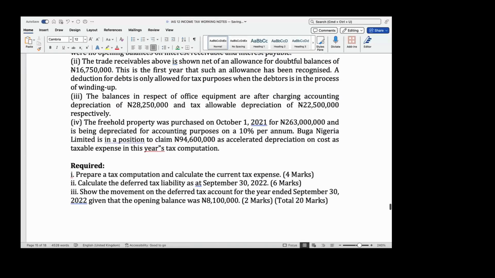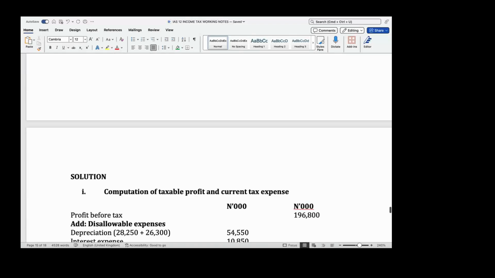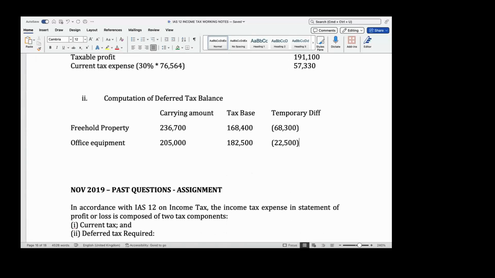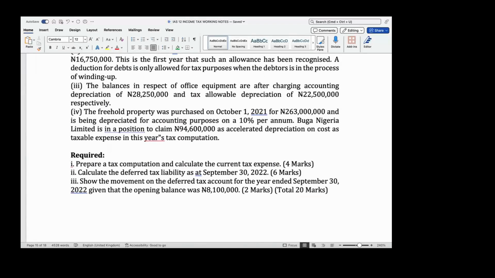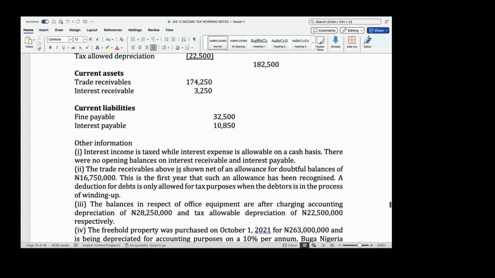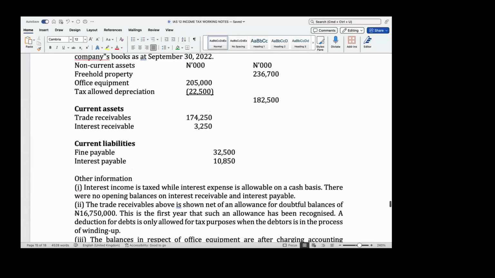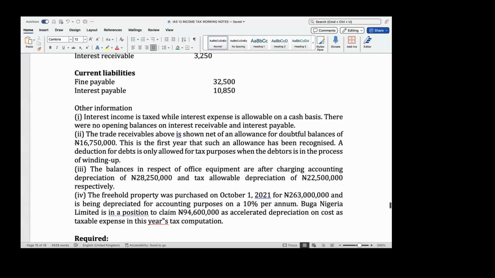Ufoma, you have a question? Yes, sir. I tried this question, but for line item two, the office equipment, since the carrying amount is given, I was thinking you add back the depreciation before you deduct the tax allowable expense. That makes sense, but it will be difficult to do in this case because you would be doing it as if you are computing taxable profits. I would advise that you don't do that because the question is not so clear.